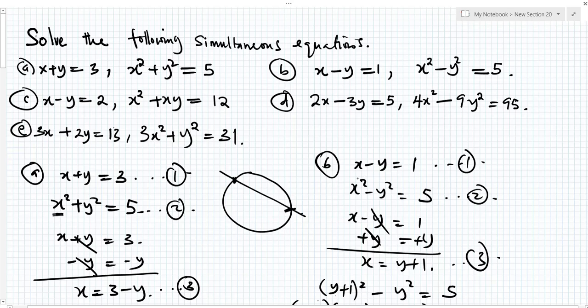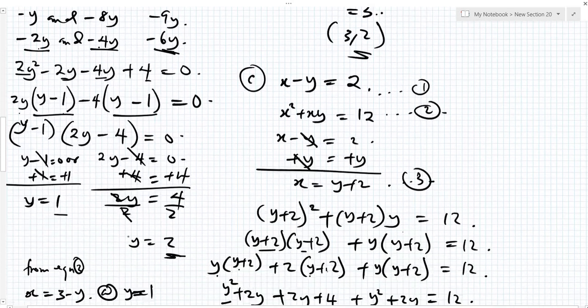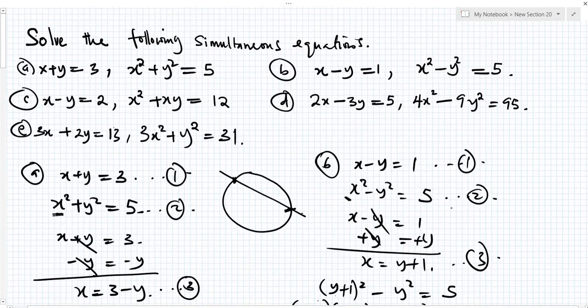Because I can still solve this equation in that form, because you can just say you have x minus y equal to 1. This will be the same thing as x minus y times x plus y equal to 5. So this is the same thing as 1.